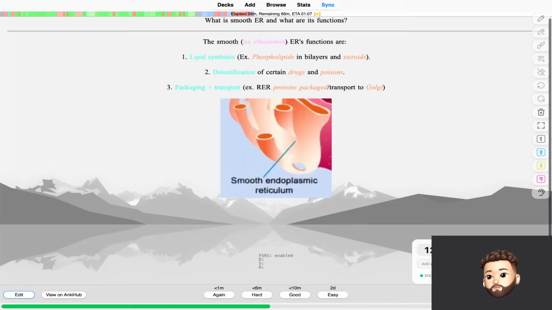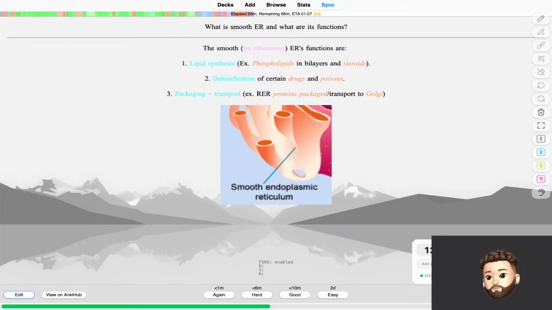Its functions, I don't know. Okay, so lipid synthesis, detoxification, and packaging and transport.